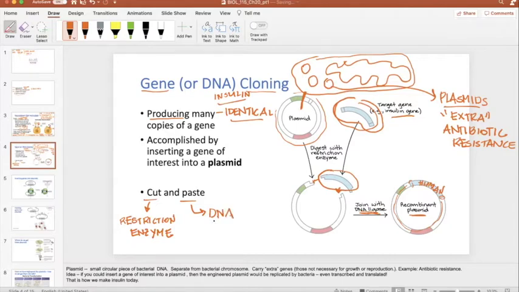You might remember when we studied DNA replication that DNA ligase is capable of welding together the sugar phosphate backbone, and I'm going to put BB for backbone, on a molecule of DNA. Where we saw it used most often was to join Okazaki fragments.